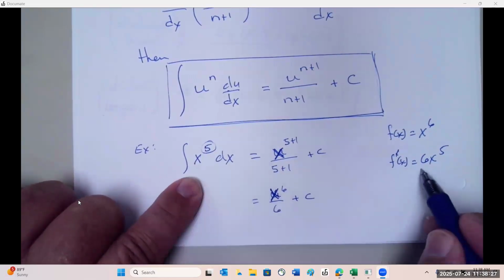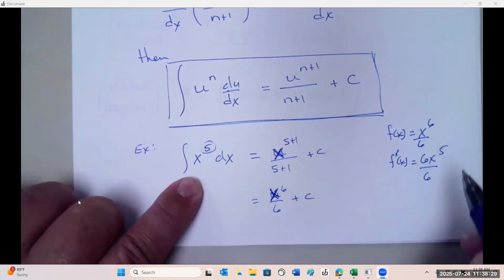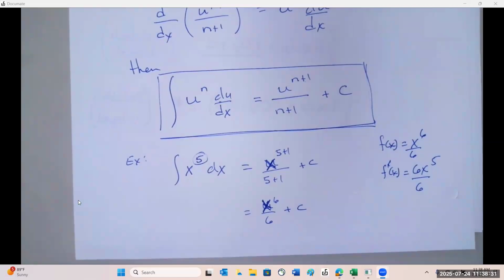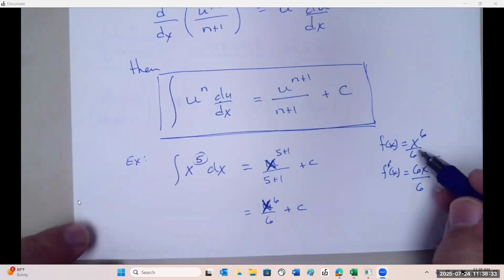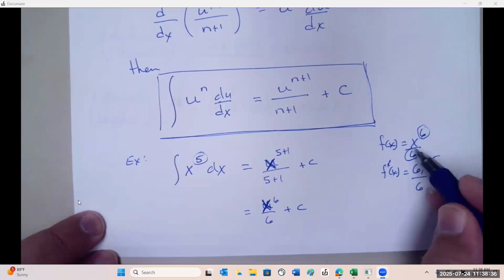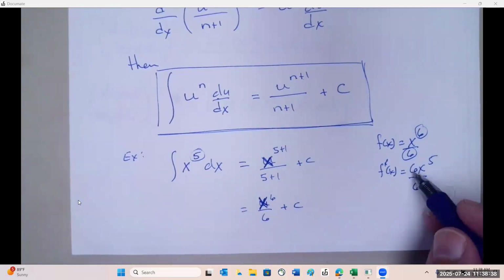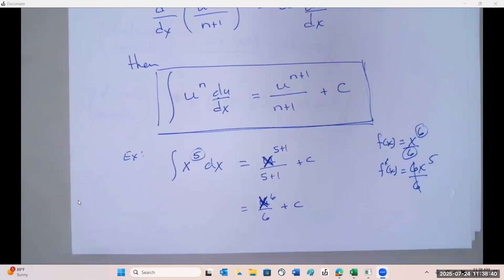But the 6 is missing, so I have to divide by 6. Oh, okay. Thank you. So as long as these two are the same, I take the derivative, it disappears. And that's why we're going backwards. We have to have one on top and bottom.